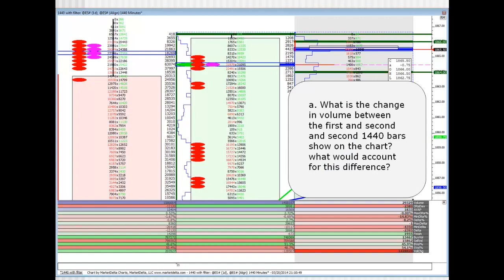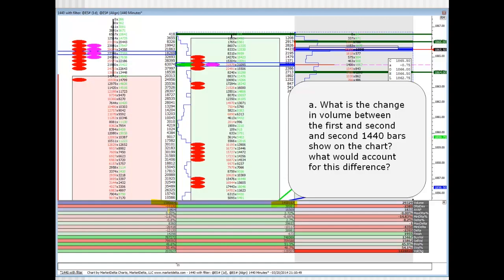Now let's take a look at the question that we would like to answer. The question is, what is the change in volume between the first and second 1440 bars shown on the chart? What would account for this difference? So we are looking at this bar right here and the bar that follows it, and we want to see, is there any change in the volume between the two?